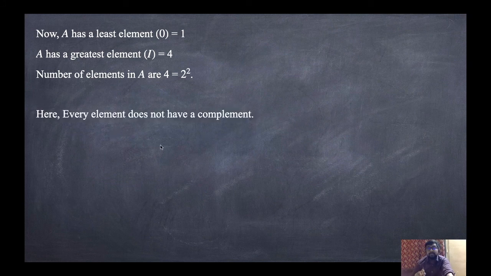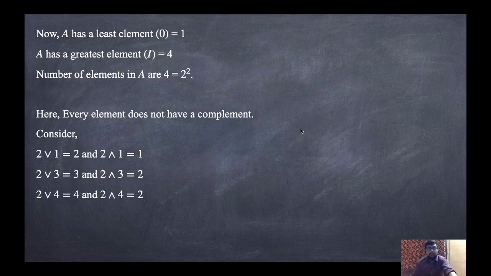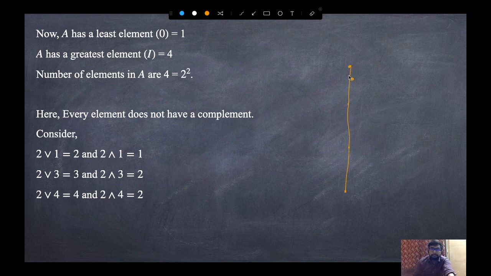Here every element does not have a complement. Let us check how. Now I'm drawing the Hasse diagram: 1, 2, 3, and 4.